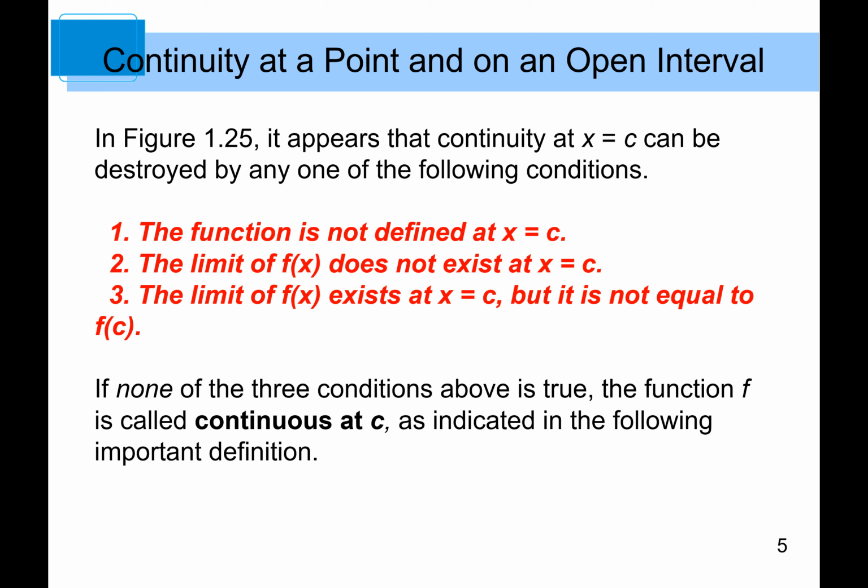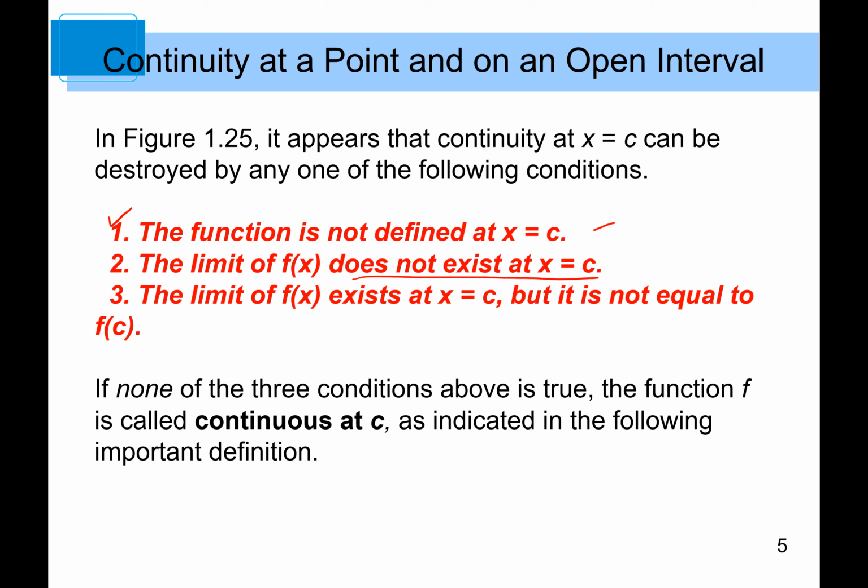First condition, the function is not defined at x equals c. Second condition, the limit of f of x does not exist at x equals c. And the third scenario is the limit of f of x exists at x equals c, but it is not equal to f of c.